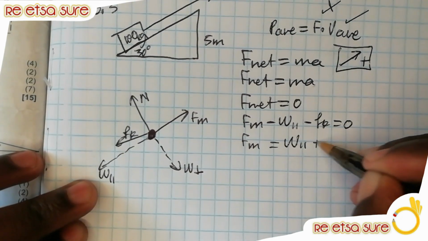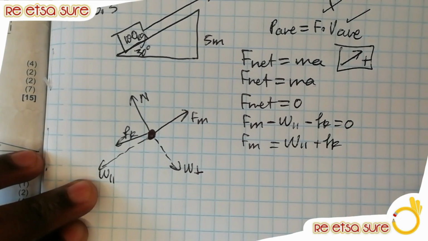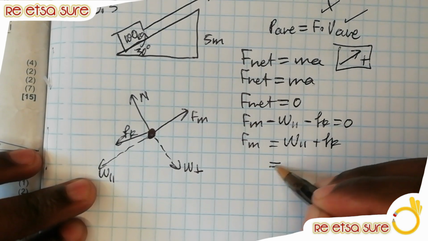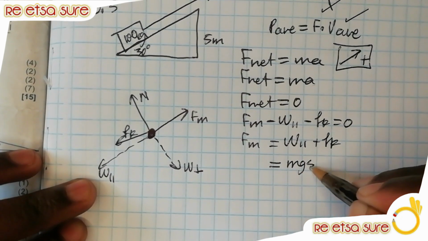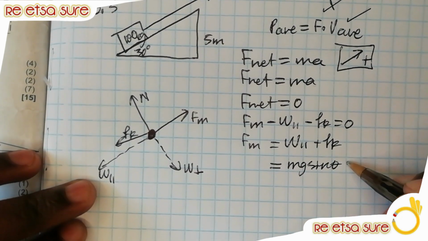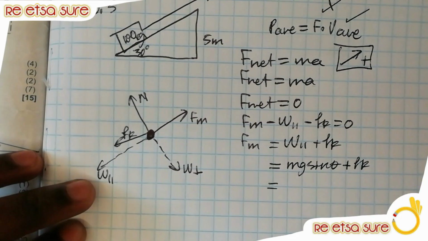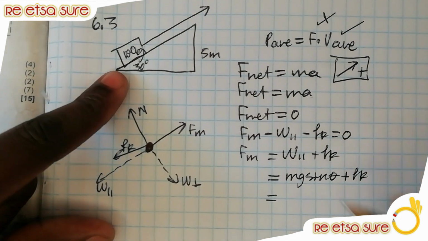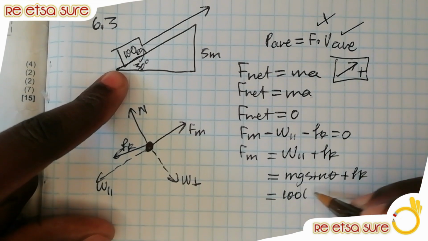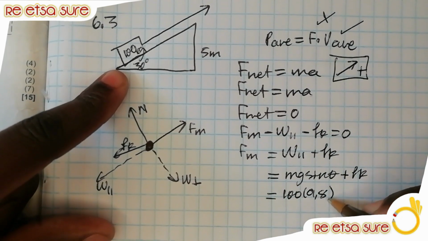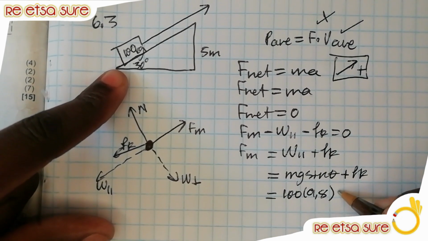Weight parallel plus frictional force. Force delivered by the motor is equal to mg sine theta plus Fk. Now what is the mass of our object? It is 100 kilograms. 100 times 9.8, that's the gravitational acceleration.